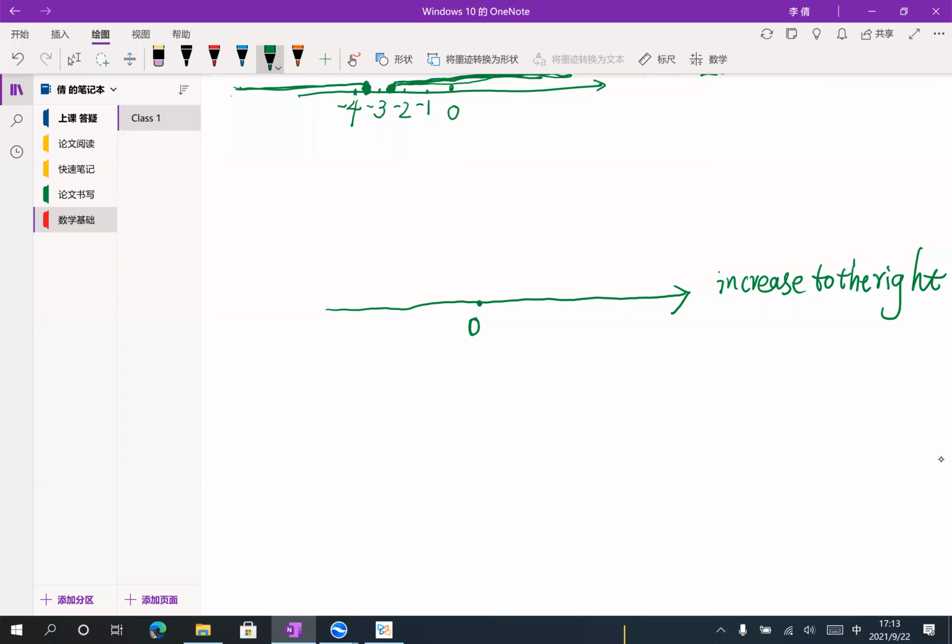And then we draw a vertical line on the 0 point, and we say this vertical line is the y-axis, and the numbers on the y-axis increase upward.